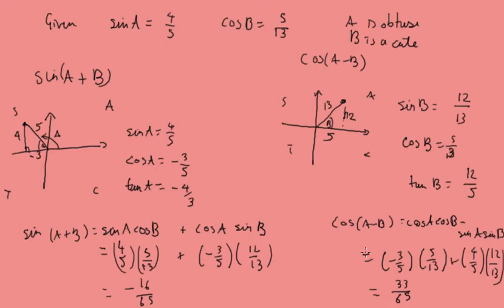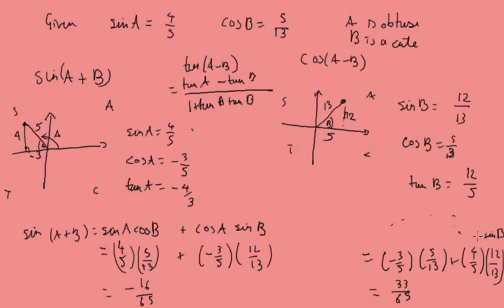And finally, if we want to find tan of A minus B, that's going to be tan of A minus tan of B over 1 plus tan A tan B. I'm actually going to rub this out so we can write it down here, because it's going to have some more complicated working.